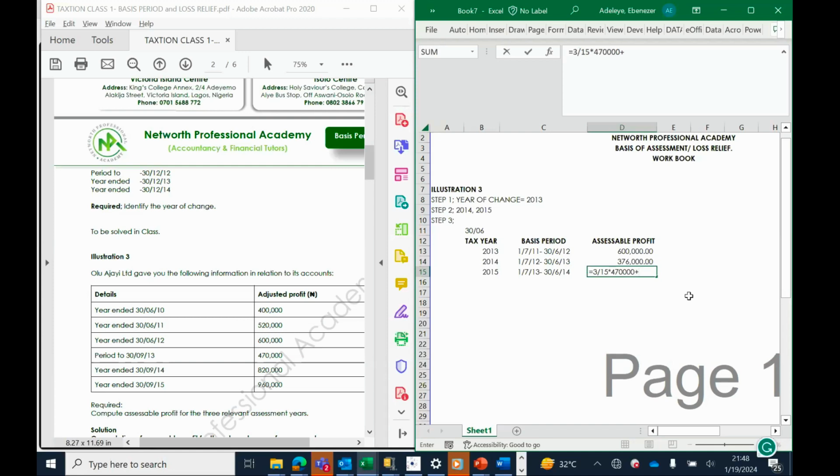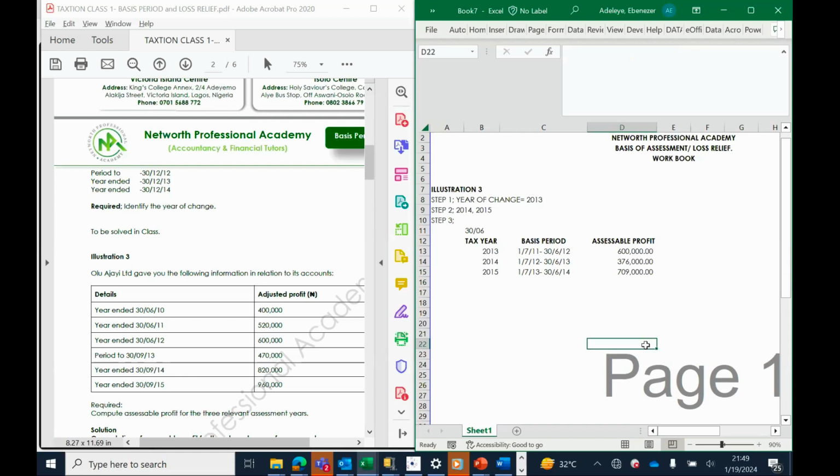So we now have plus, open brackets, 9 between 30/9/2013 and 30/9/2014. How many months is it? That's 12 months, right? So it will be 9 divided by 12 times 820, bracket.